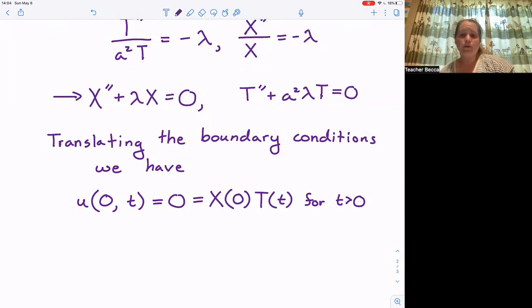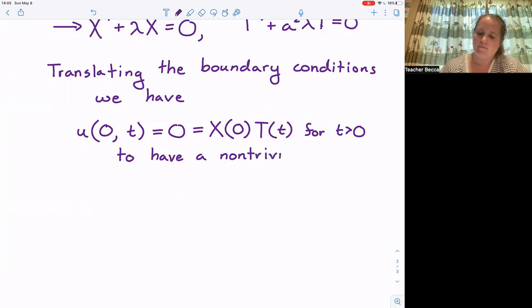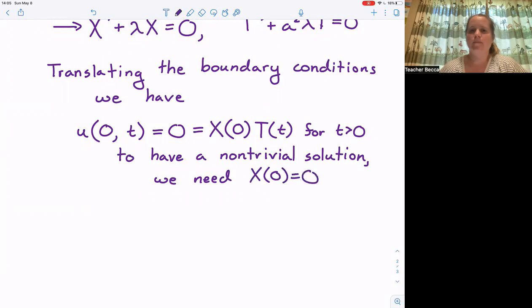If this is true, the only way for us to have a non-trivial solution is for X of 0 to equal 0. So to have a non-trivial solution, we need X of 0 to be equal to 0.